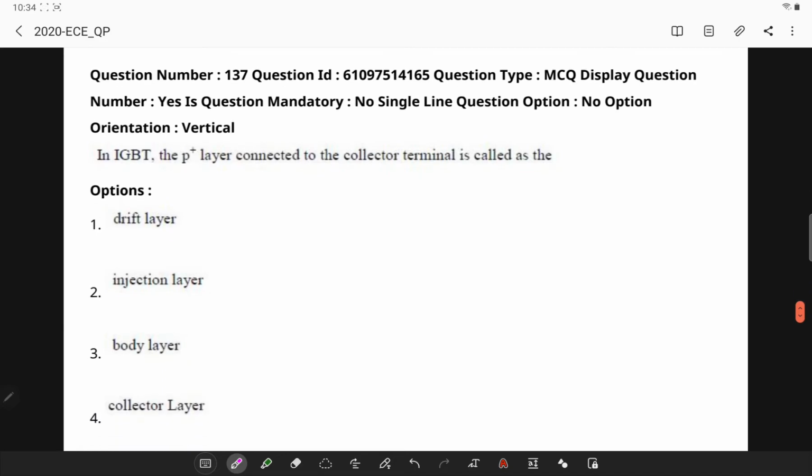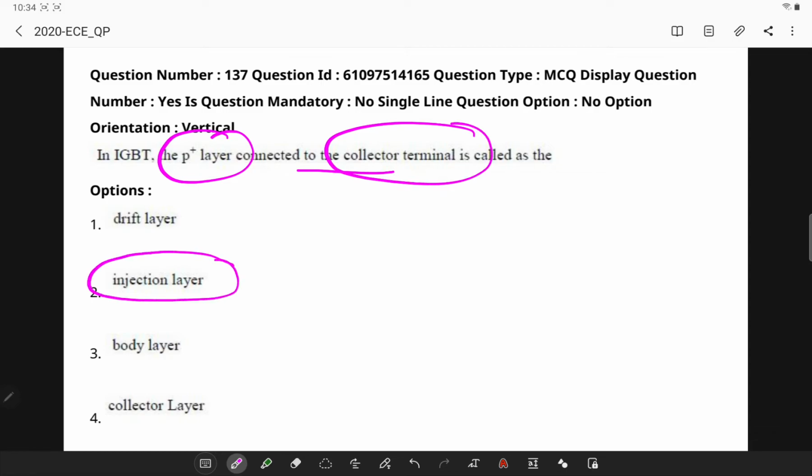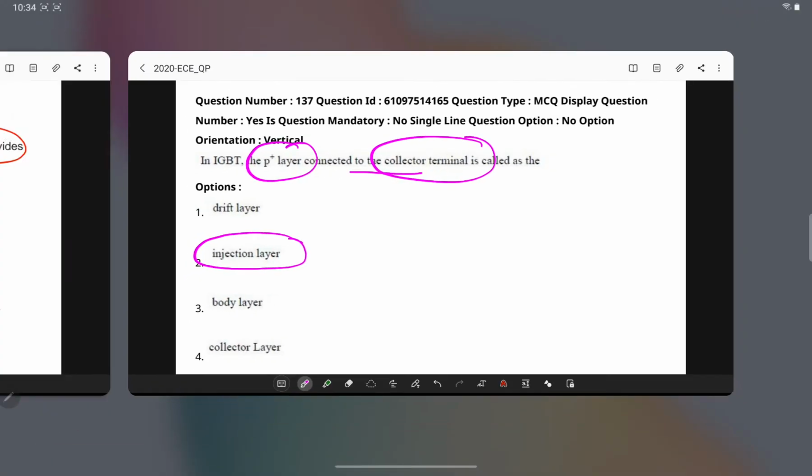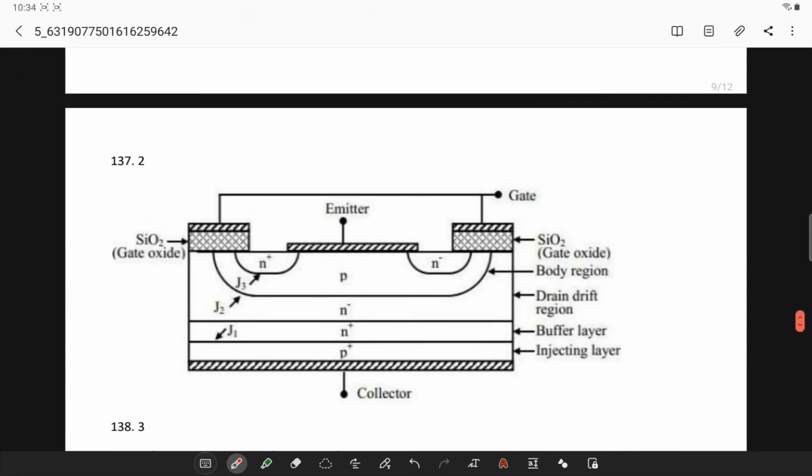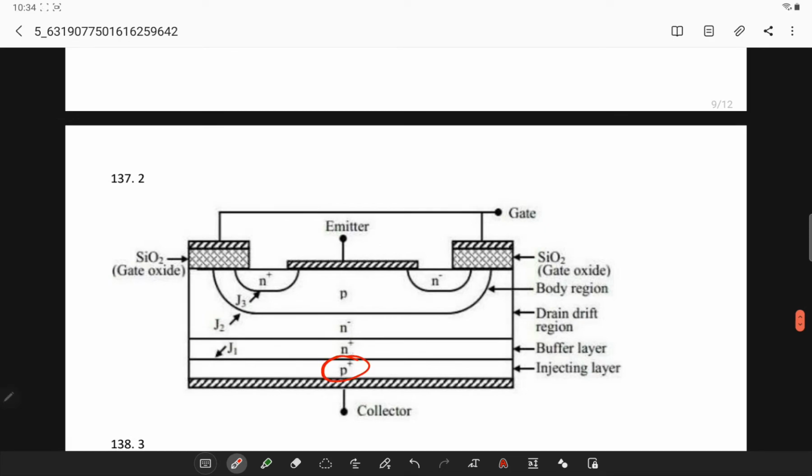Next, in an IGBT, the P plus layer connected to the collector terminal is called the injection layer. I'll show you diagrammatically how exactly it is. See this, this is your injection layer.